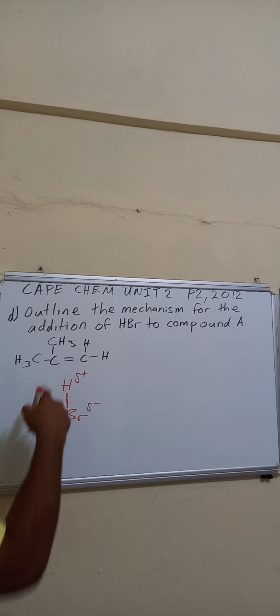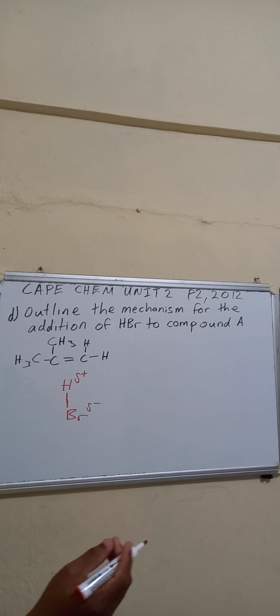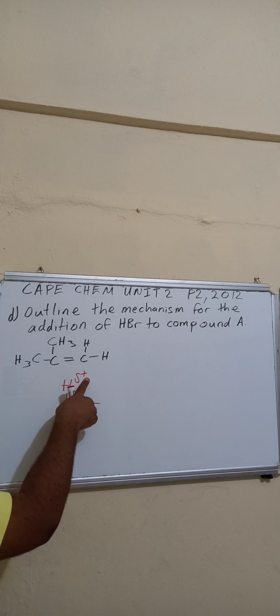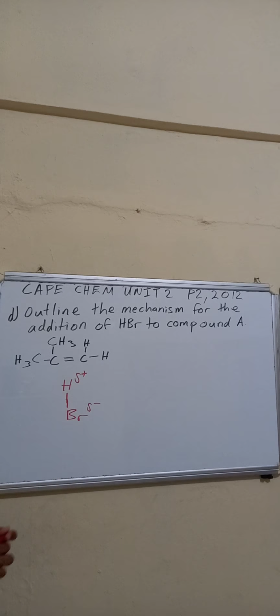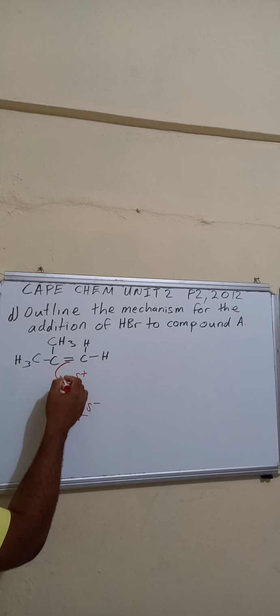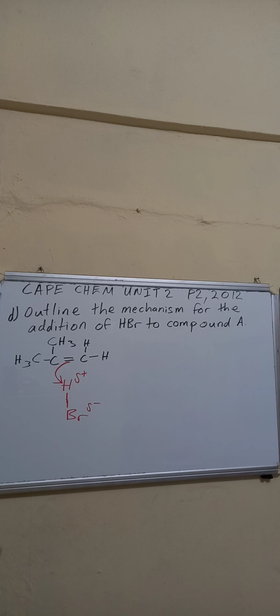So that makes it a nucleophile. Anything with a lone pair of electrons can act as a nucleophile. This hydrogen is slightly positive, it's an electrophile. So the pi bond will do a nucleophilic attack on the HBr molecule.